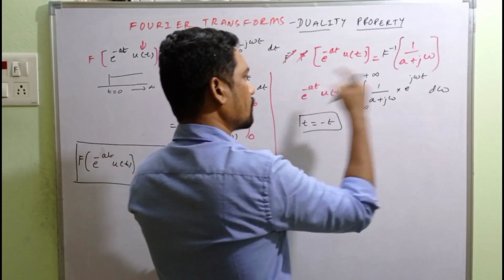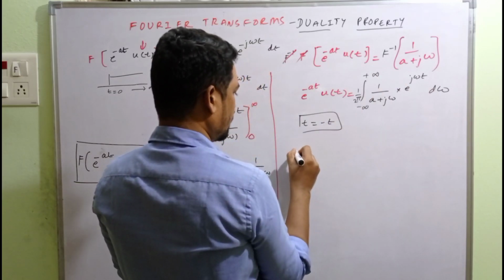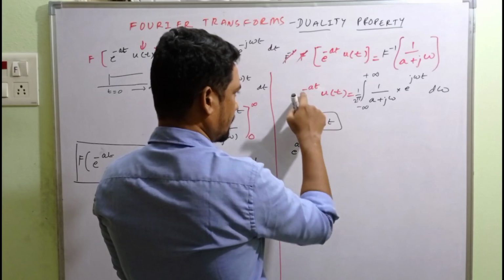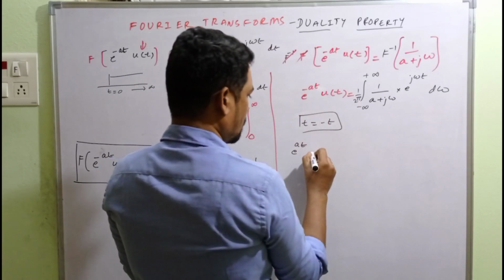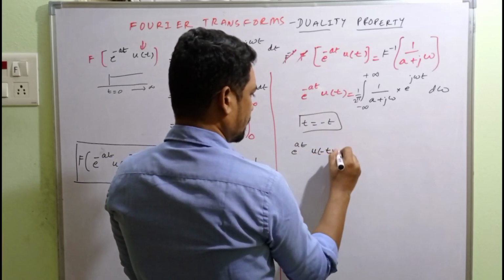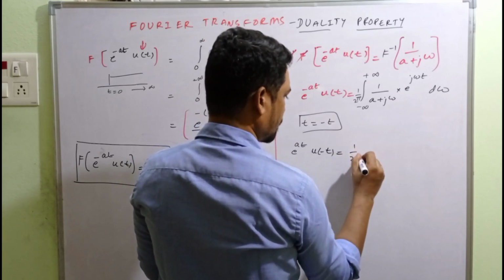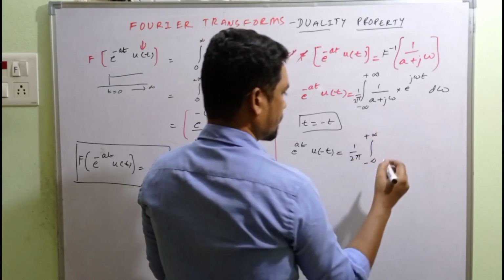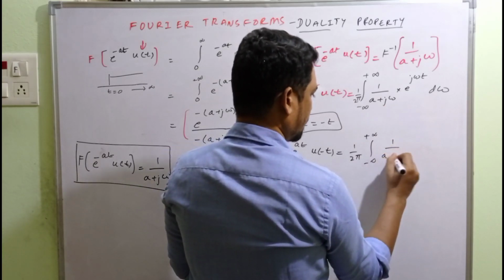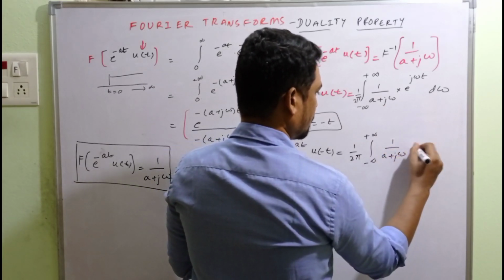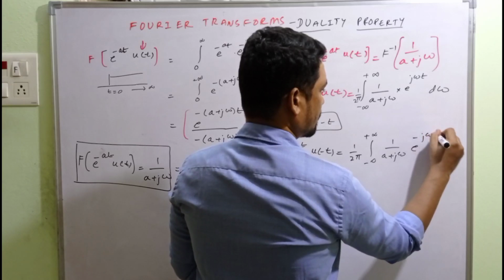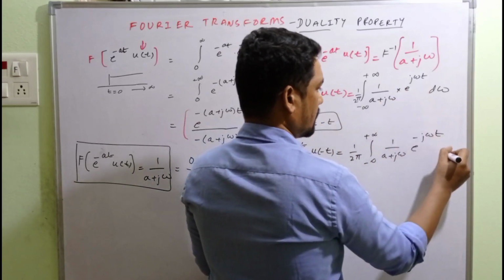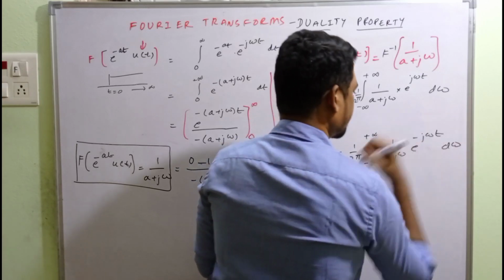This will be e raised to a t, because this negative and this negative become positive. U of minus t will be equal to 1 by 2 pi integral from negative infinity to positive infinity of 1 upon a plus j omega e raised to minus j omega t d omega, because t is replaced with minus t, so the minus comes over here.